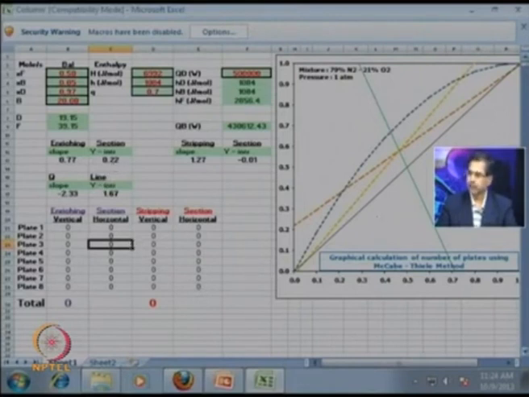Now, in order to do staircasing in a graphical format, I have developed my own technique. Here you can see that as soon as I got an enriching section, I got a stripping section here. The enriching section starts with the first horizontal line from here. I will first draw the horizontal line, which I do from here.